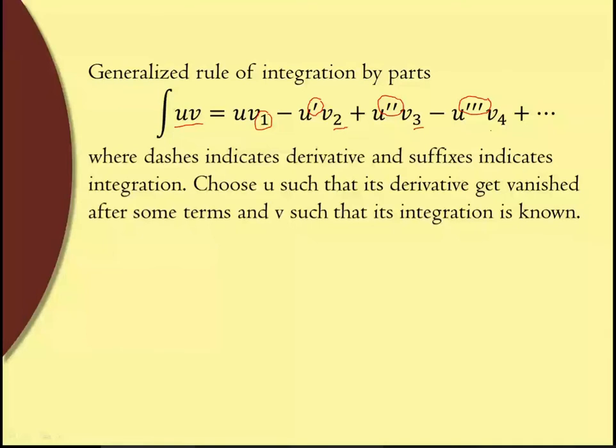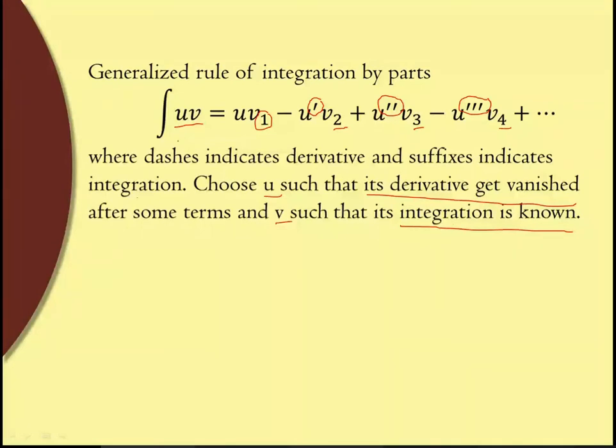Now we have to make the proper choice for u and v. We have to choose u such that its derivative vanishes early, and choose v such that its integration is known. So if we use this formula, we can easily get the answer. Just the proper choice of u and v we have to remember.